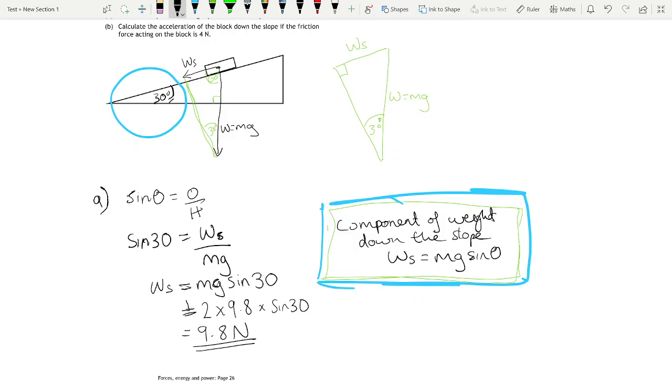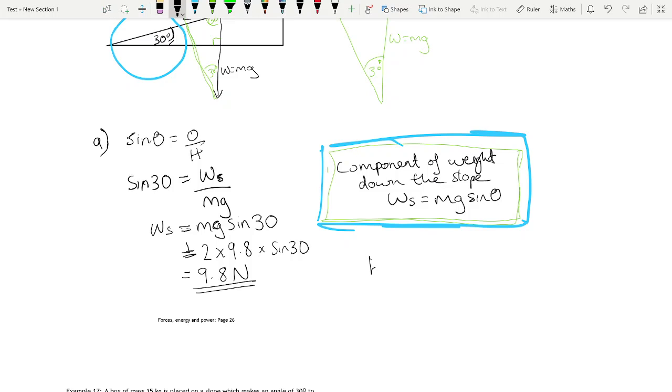For part B, it says calculate the acceleration of the block down the slope as the friction force acting on the block is 4 newtons. So for part B, we have a 2 kilogram block. We now know the component of weight down the slope is 9.8 newtons, and we know the frictional force is 4 newtons. We want to find the acceleration down the slope.